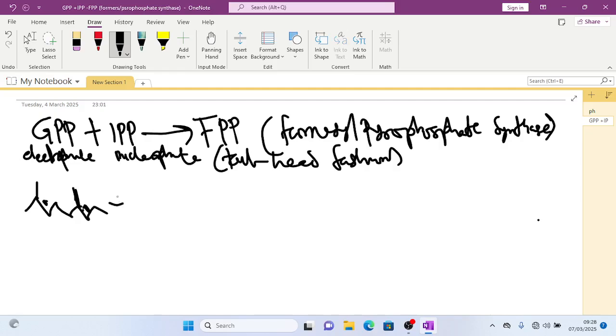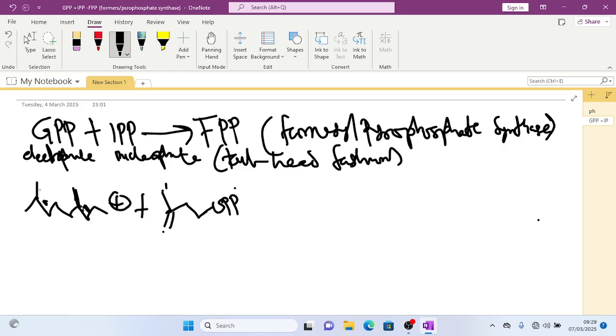So there will be a positive charge here. So this compound combines with IPP in a head to tail fashion.